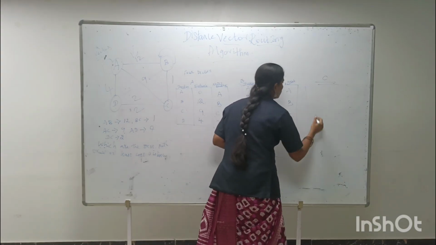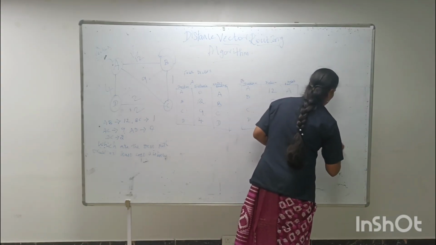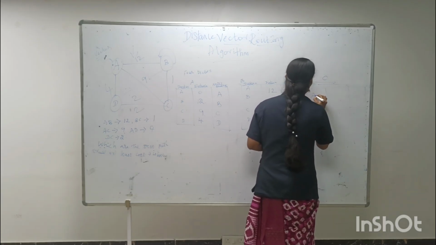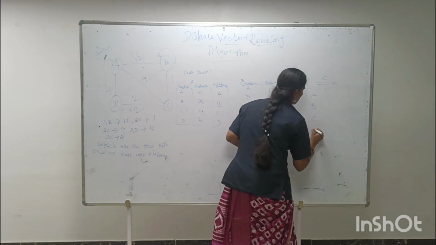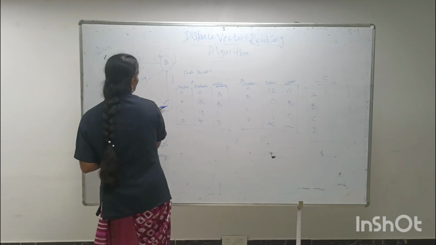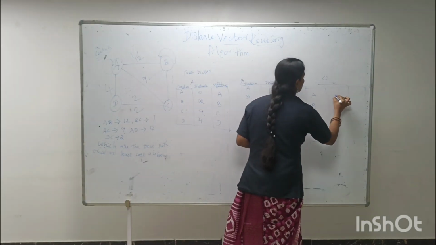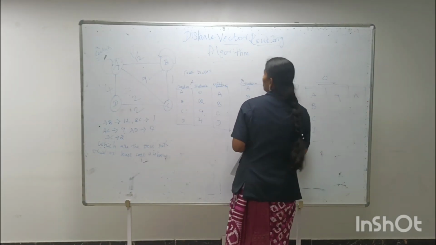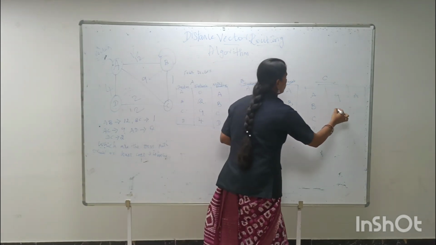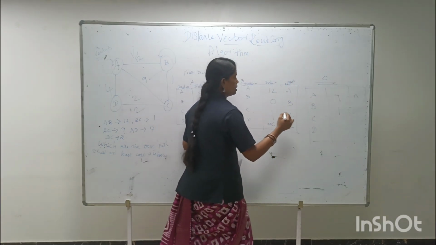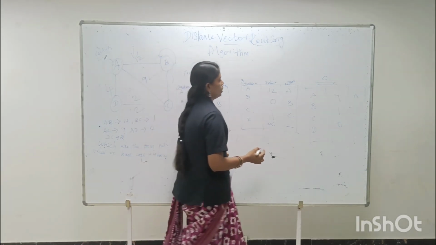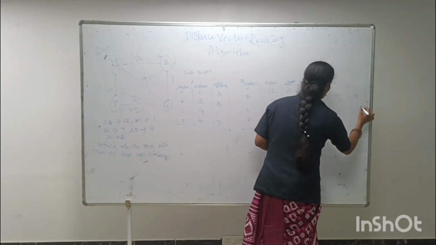For C also we are going to create the table with A, B, C and D. The A to C distance will be 9, B to C the travel time will be 1, C itself will be 0, and C to D the value will be 2.